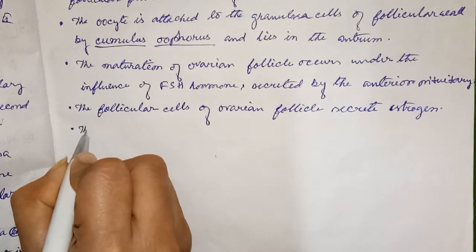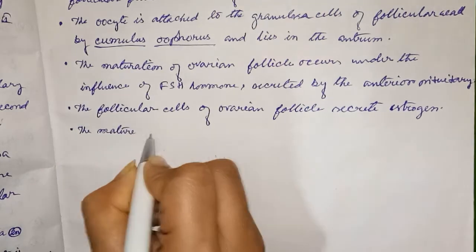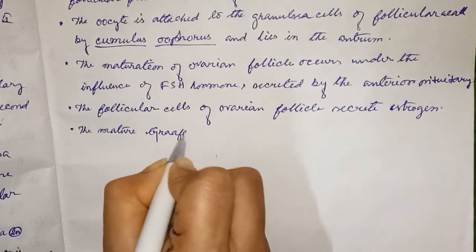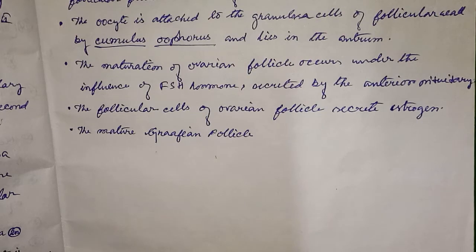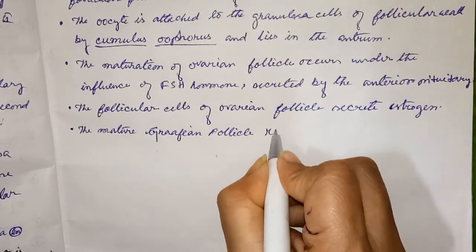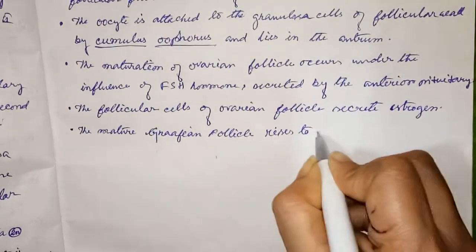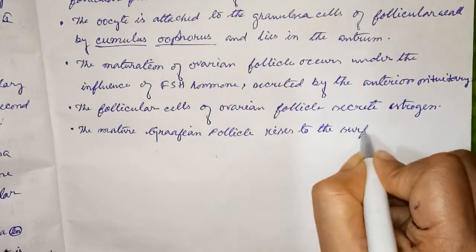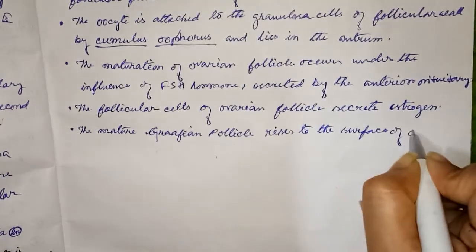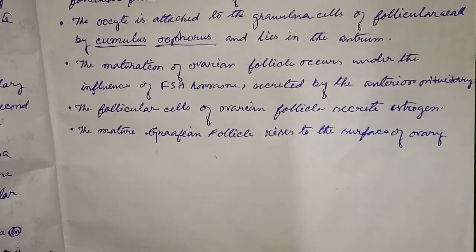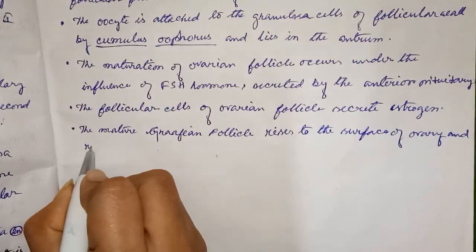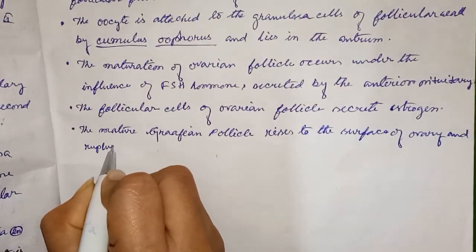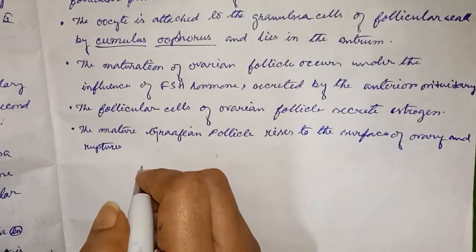Now next, the mature Graafian follicle rises to the surface of ovary and ruptures, releasing the ovum.